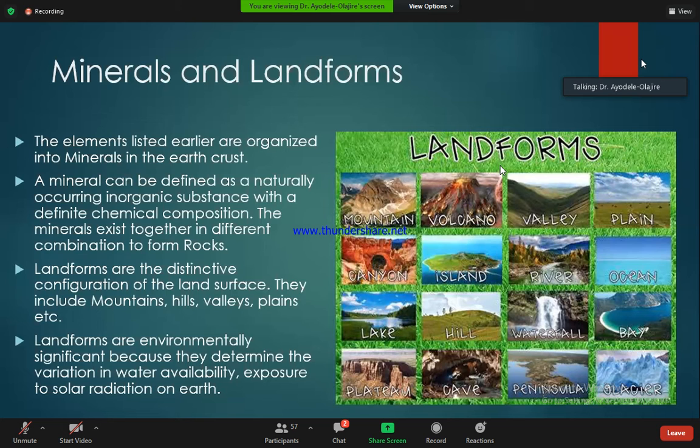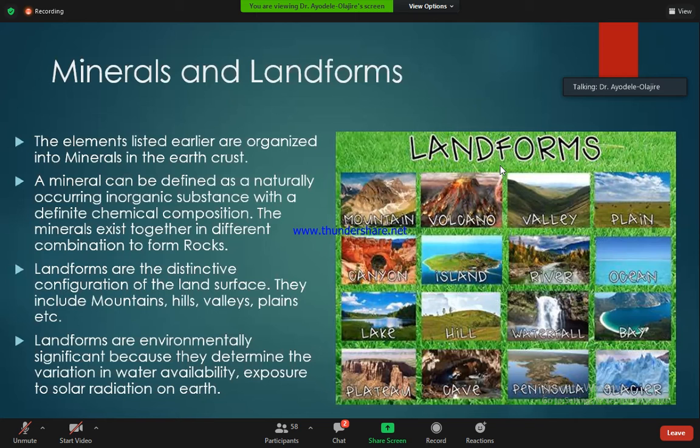Now, on this slide, you can see several landforms that we have across the Earth's surface. So it's possible to have mountains. We all know what mountains look like. Yes, volcanoes, valleys, even a plain, just land that is flat without a mountain or anything, is a type of landform.